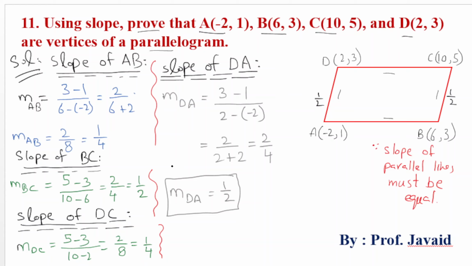Slope of AB is 1 by 4, and slope of DC is also 1 by 4. So with the help of the diagram, we solved this question.